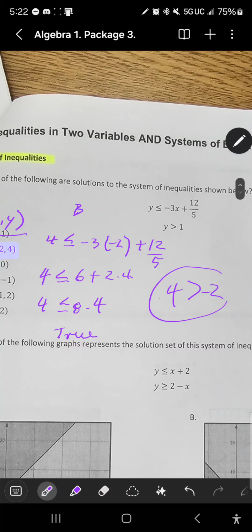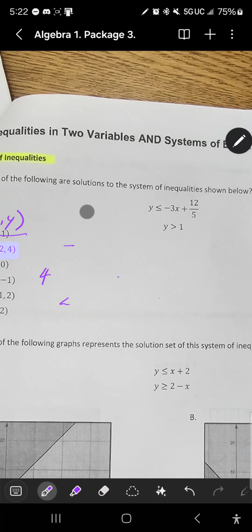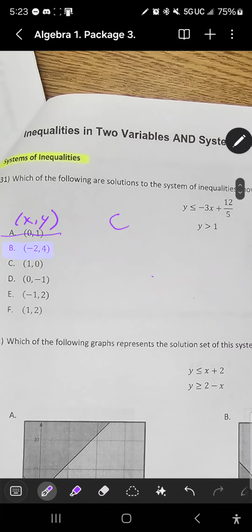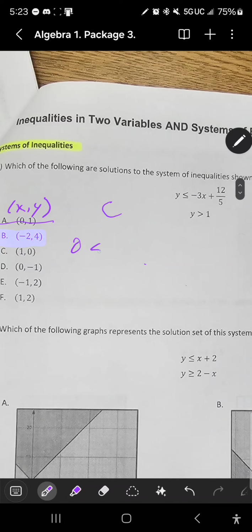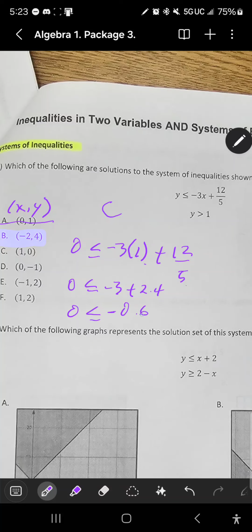Now let's look at C. I have 0 less than -3 times 1 plus 12 over 5. So it will be 0 less than -3 plus 2.4. They have different signs, so we give the sign of the greater, which is negative, and we subtract them. So 3 minus 2.4 is 0.6.